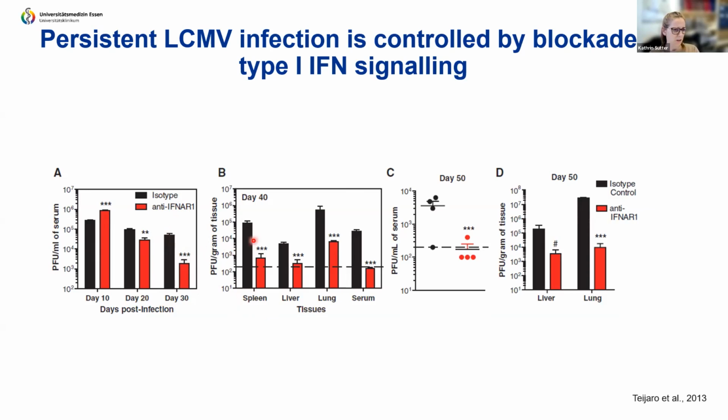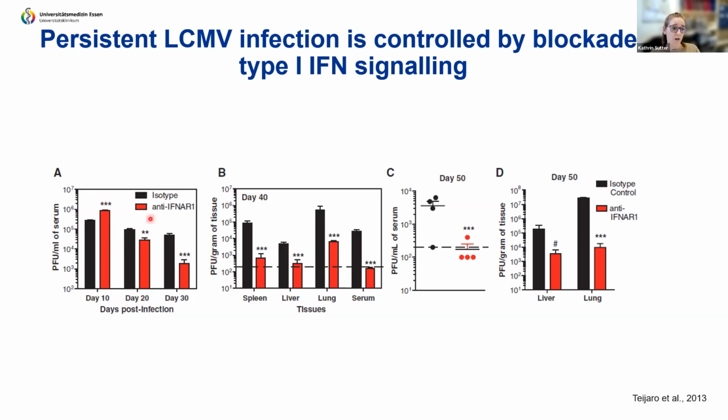That was really surprising, because in most of the cases, the dogma was, okay, if you take out the interferon, then it's really bad for the host. And here they saw that it really depends on the timing of the infection. If you look early, the interferon response is really crucial, and if you take it out there, then the virus replicates much more.